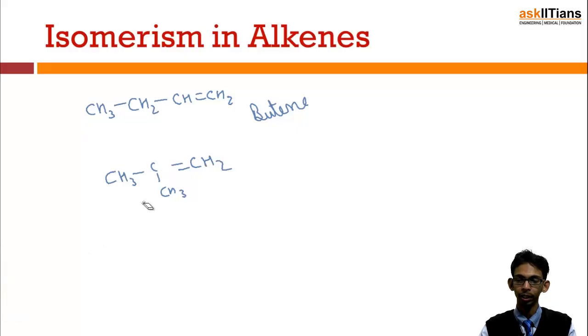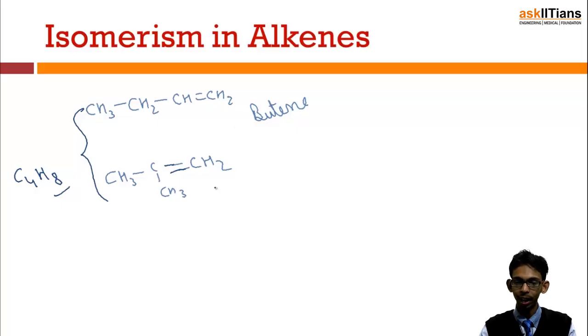So this is another possible structure for an alkene containing 4 carbon atoms, and the chemical formula for both of these is C4H8. So both have similar chemical formula, but the difference is in their carbon skeleton. So such types of isomers are called chain isomers, which have different carbon chains.